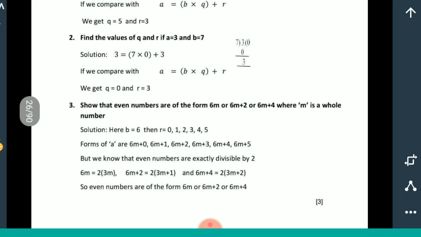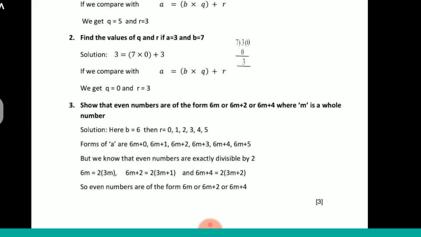That means here the r values start from 0 and end with 5. If the b value is 4, what are the r values? Simply 0, 1, 2, 3. So are you following? Again, if the b value is 5, the r values are 0, 1, 2, 3, 4.